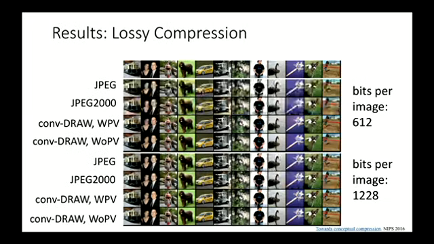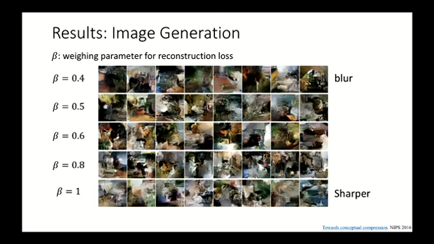You can keep doing this, but when bits per image starts increasing, their quality increases, and they claim it remains better than JPEG, but it's subjective. And this is one simple thing they tried: if you weigh less on the reconstruction loss, then these images appear very blurred, and this one sharper. Again, it's subjective, so let's move on.